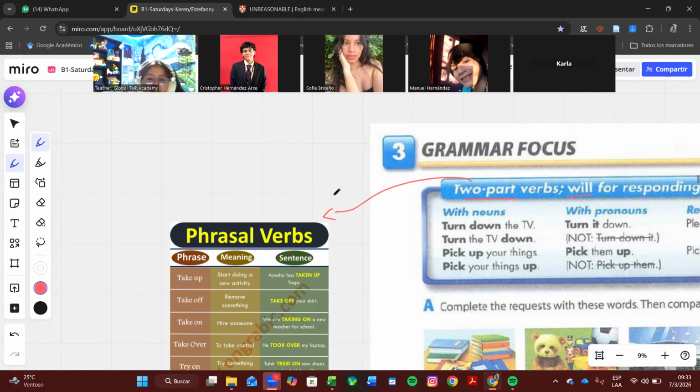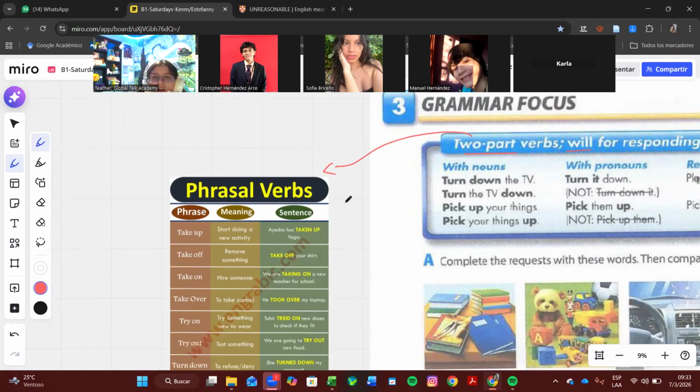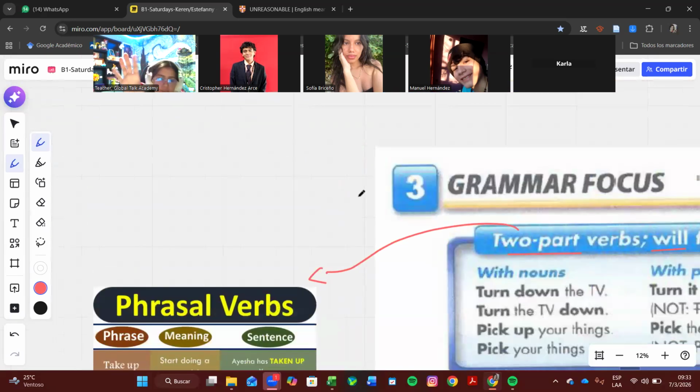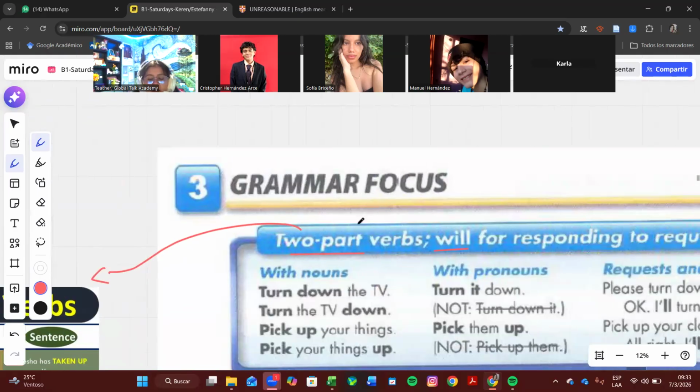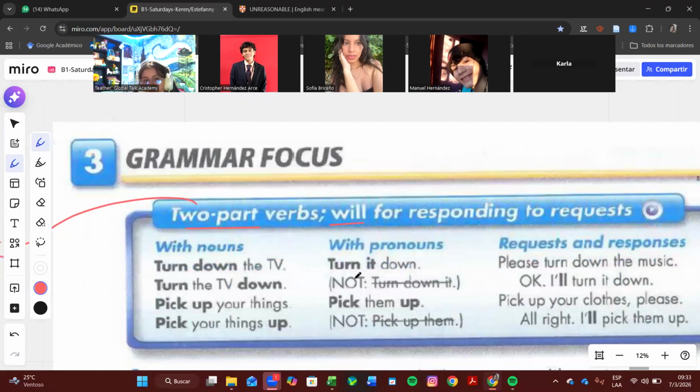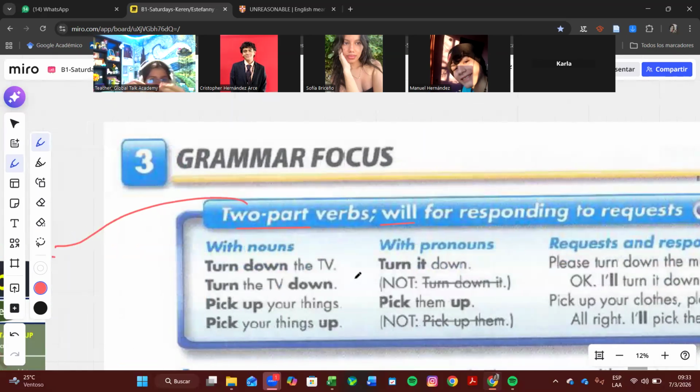Okay, don't worry. So basically the phrasal verbs are a mix of two words that create a meaning, right? So it's not just one word, but two words, and the combination creates a meaning. And it could be, as you can see here in the book, with nouns, with pronouns, right? So we could mix a lot of words.